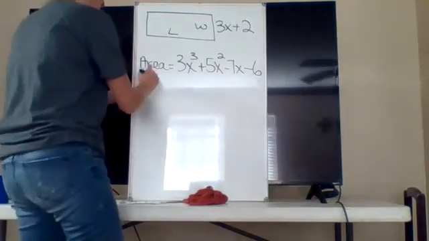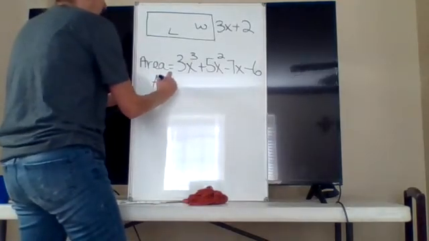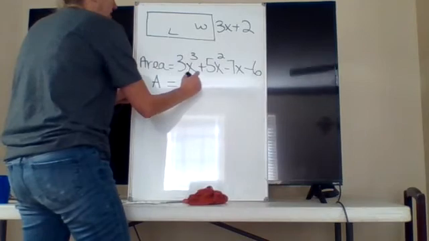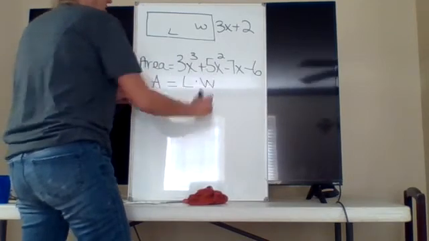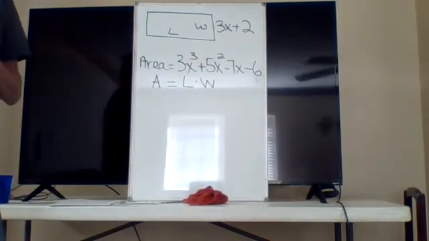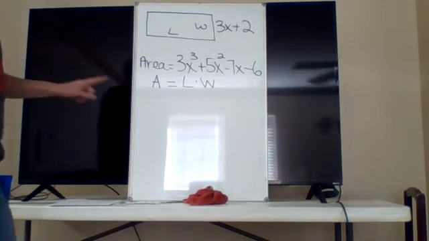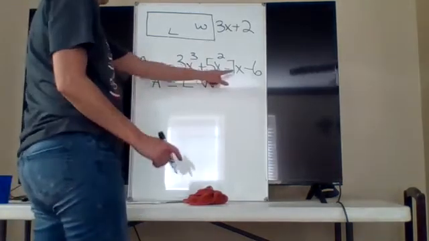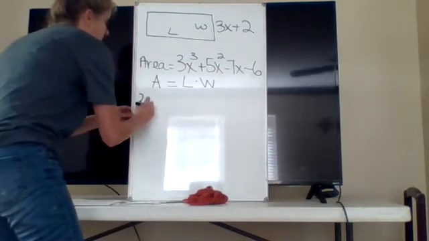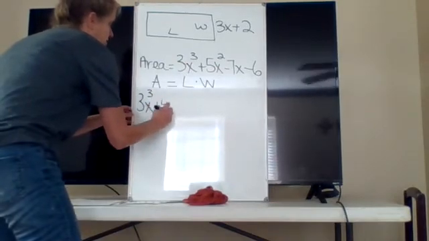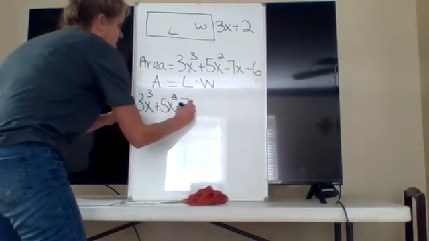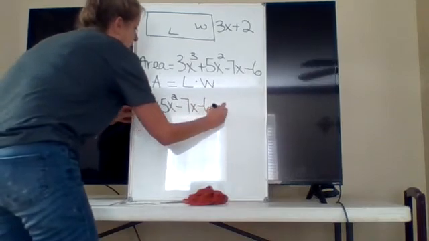So what do I know about the area of a rectangle? The area is equal to the length times the width. So what I know is the area, which is 3x to the 3rd plus 5x squared minus 7x minus 6.